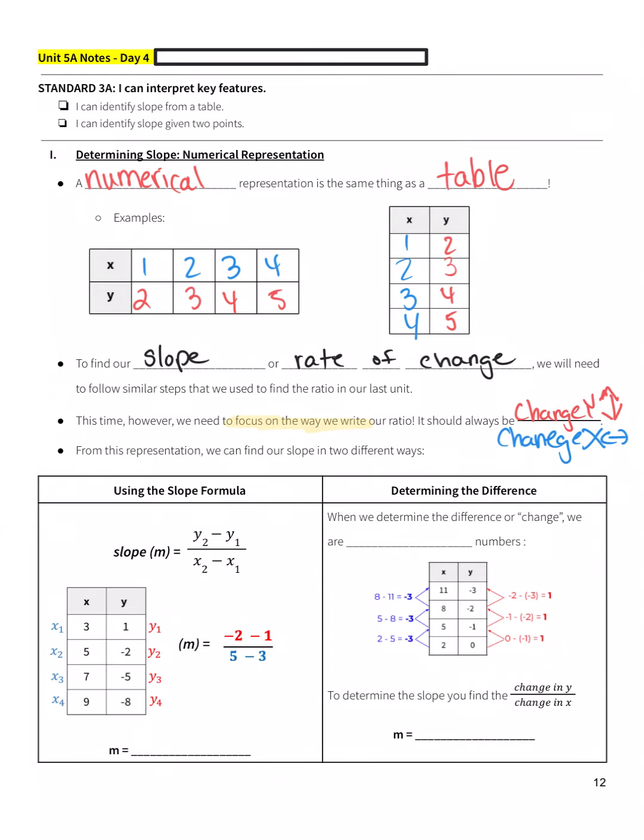Now that you have these labeled, you can go ahead and plug the numbers into your formula. So we can see first we have y sub 2. That's where that comes from. Next, we have y sub 1.